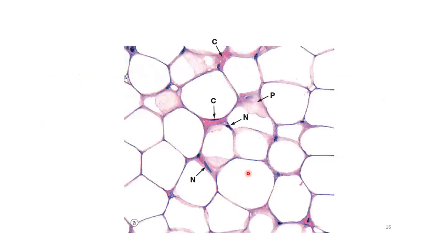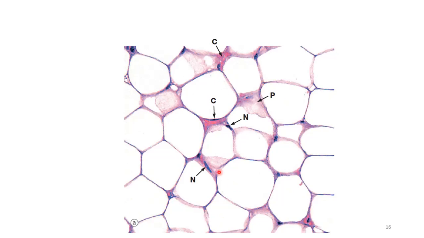So this is one adipocyte, another one, another one. So what is happening here is that the cytoplasm is used as a storage site for fat. All the organelles of the cells are pushed to one side, and then the entire cytoplasm, instead of being filled with cytosol and other organelles, is now filled with fat globules.